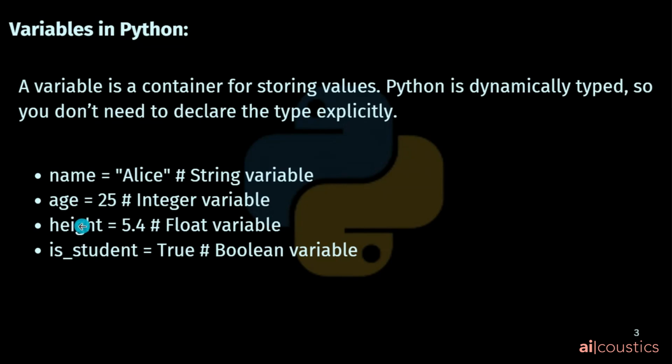And here we have a height, the height may be 5 feet or 5.4 feet. So that is 5.4, that is your float variable. When you get a point, that is a floating variable, float variable we say. Then is underscore student, true or false. Here the boolean variable is true or false that we give.